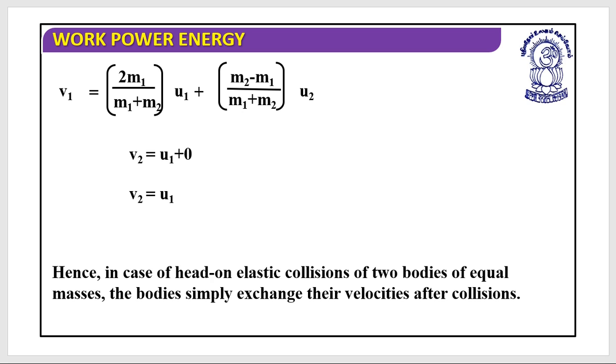Now let's check for the second object. The relation is v2 equals 2m1 upon (m1 plus m2) into u1, plus (m2 minus m1) upon (m1 plus m2) into u2. Sorry, I made a mistake; the relation was correct.